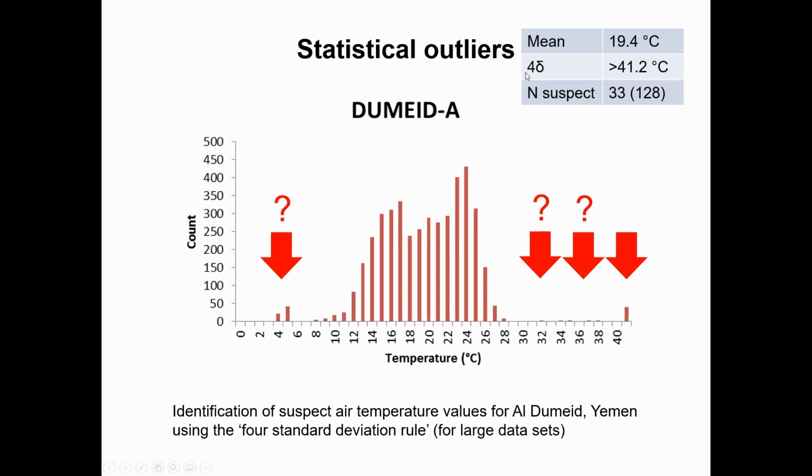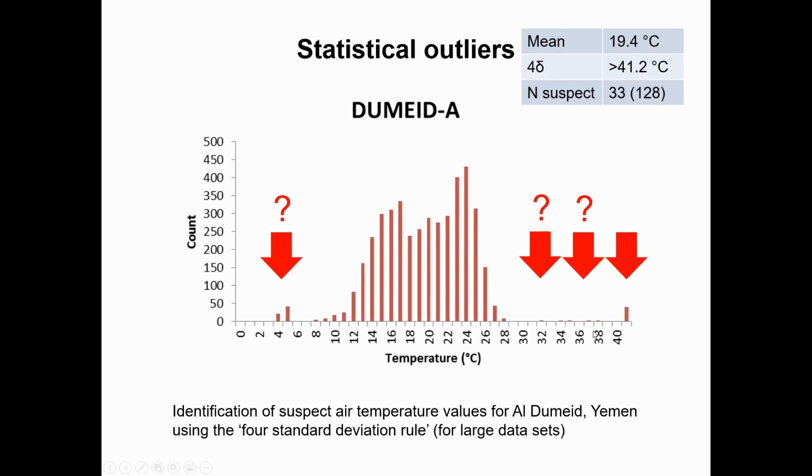So anything that lies 3 or 4 standard deviations from the mean is going to be a real outlier like these. So once you've picked these up, you're better able to say, do I believe this value? What are the physical processes that could have given a temperature this high in this data set?